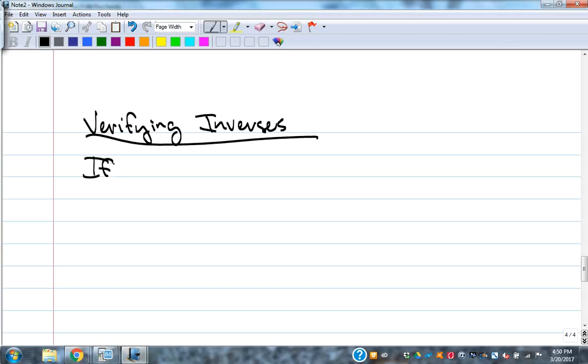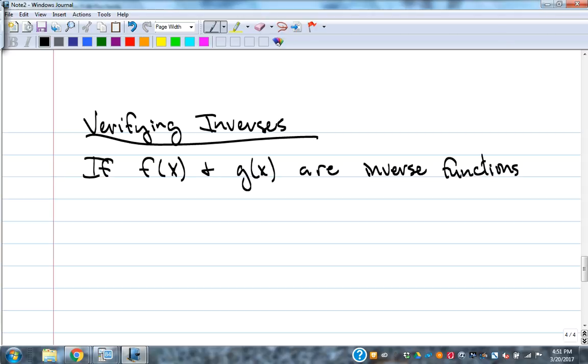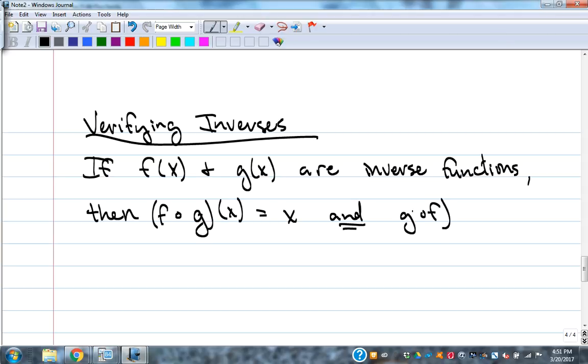If f of x and g of x are inverse functions, then f composed with g, composition's coming back. Wondered why we did that. Equals x, and g composed with f of x equals x.